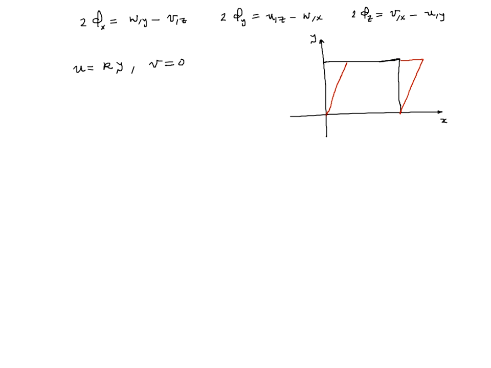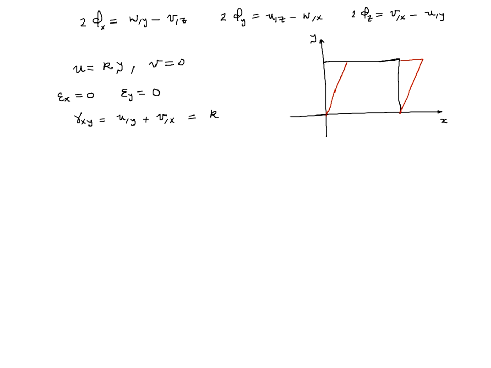You can easily see that if you calculate your epsilon x, it will be derivative of u with respect to x, which is 0, your epsilon y, which is derivative of v with respect to y, which is 0, gamma xy is u comma y plus v comma x, which is equal to k.